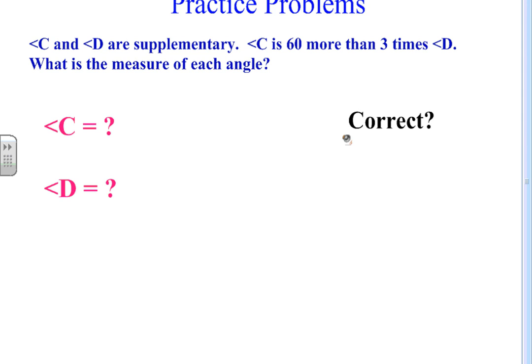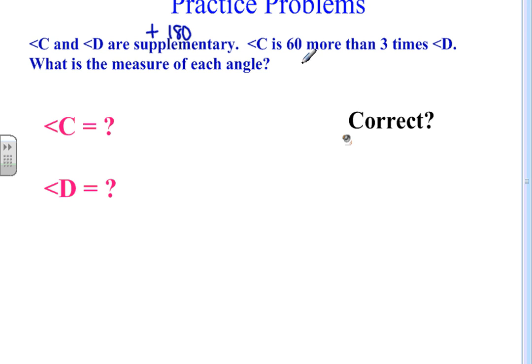If C and D are supplementary, so I'm just going to remind myself that that means that they add up to 180 degrees. C is 60 more than 3 times D. I'm going to try to use only one variable when I write this.